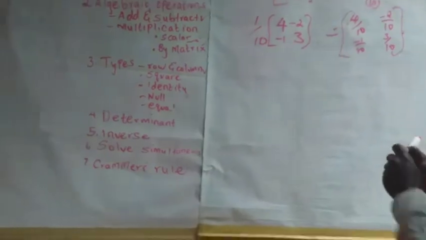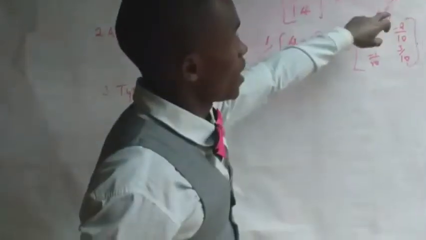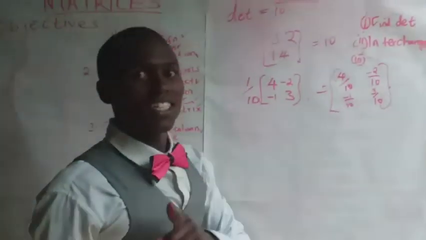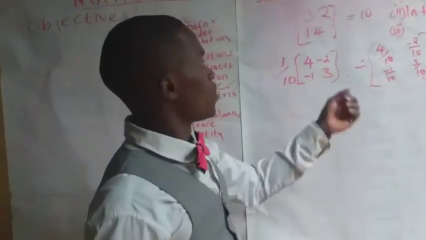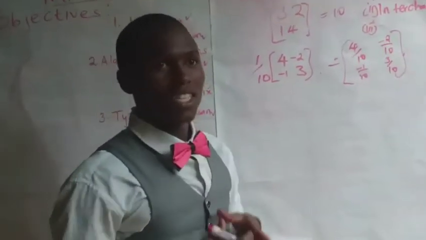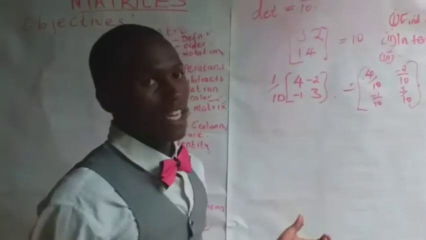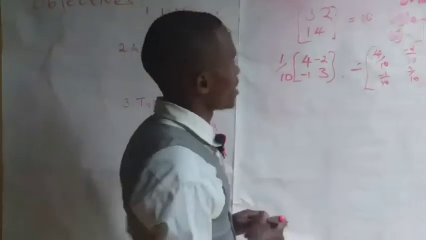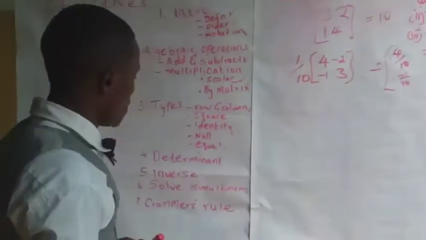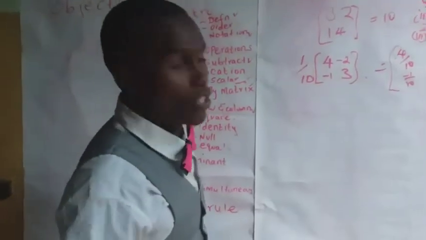This is how you easily find the inverse of any matrix. First, you find the determinant. Second, you interchange the elements in the leading diagonal. Then you negate the elements in the secondary diagonal. And after doing that, you divide by the determinant. It's that simple.